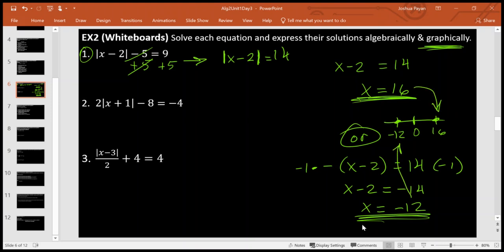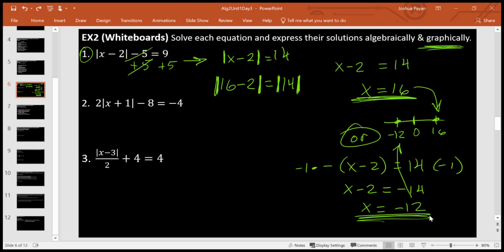Okay, and then to check our work, we can just plug back into this guy here. If I plug in either one of these, I should get an absolute value of 14. Well, let's see if that's the case. 16 minus 2's absolute value: well, 16 minus 2 is 14, and positive 14 has a magnitude of 14, right?